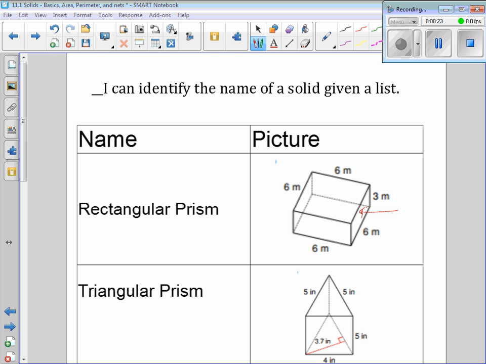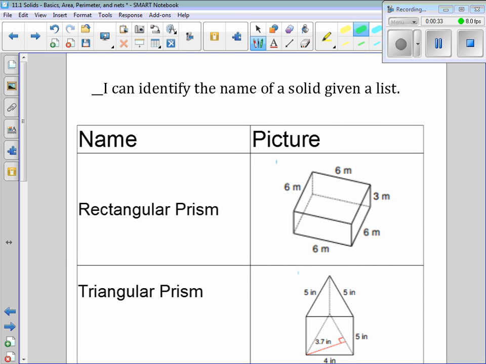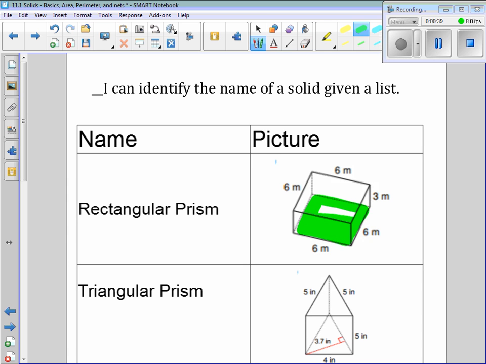Okay, we're going to start with some figures here and make sure that you would be able to identify them. If you need to copy them down or draw them on your own, you go right ahead. So the first one up to bat is called a rectangular prism. The reason it's a rectangular prism is that we have two sides that are rectangular. That's rectangular. And then the top here is rectangular. Okay?